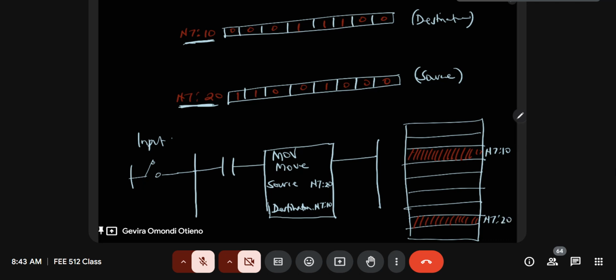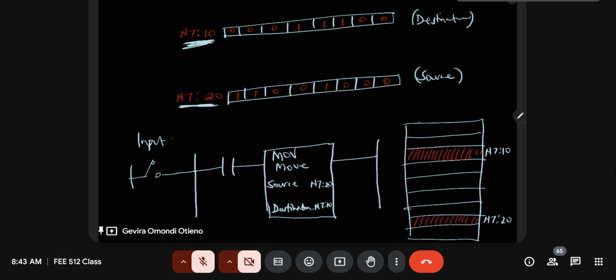When we execute the move instruction, the idea in PLCs is to take the contents that are in the source and put them in the destination address. But in the destination address there was already information. You can see that our destination here already has some information in it.